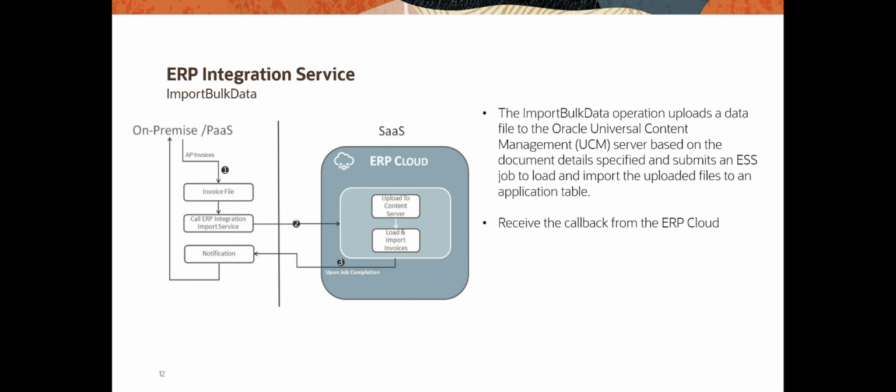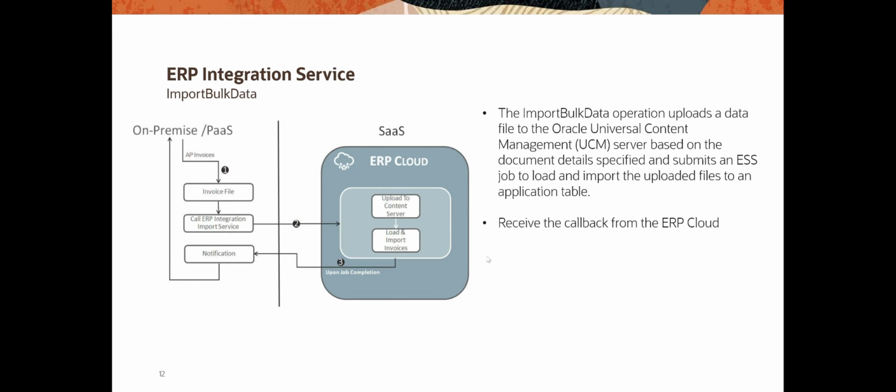The import bulk data essentially wraps up the entire process, including loading the data into interface tables and submitting the import ESS job, into a single call. This approach is much more streamlined and is ideal for most bulk data import use cases where you don't need to intervene between the steps.